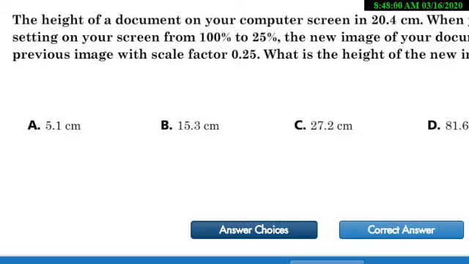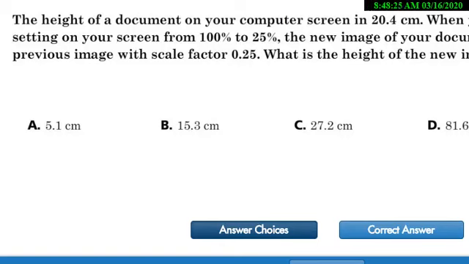Again, I'm going to read the question again. The height of the document on your computer screen is 20.4 centimeters. When you change the zoom setting from 100% to 25%, the new image is a dilation of the previous image with a scale factor.